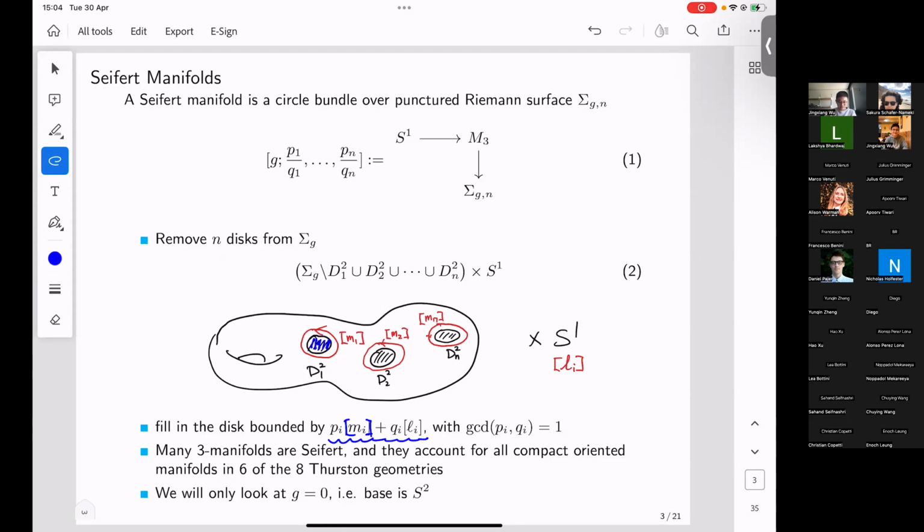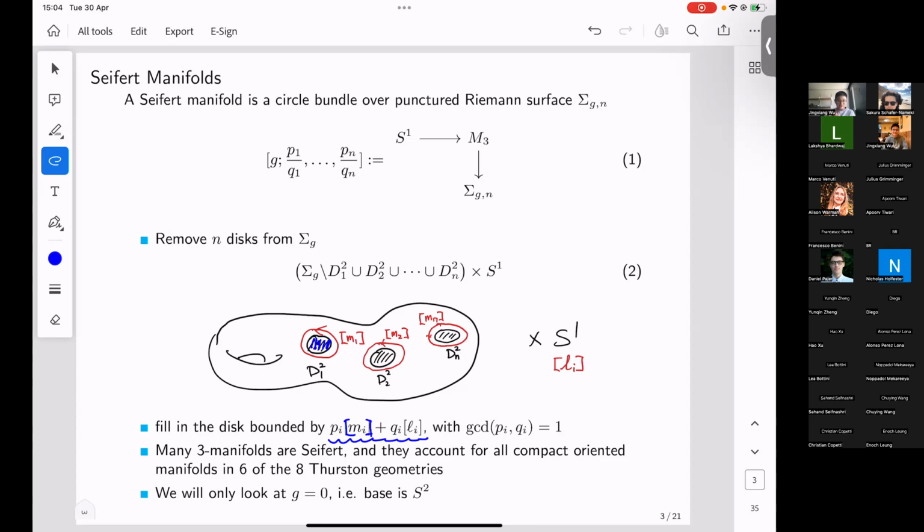Another way to say this is you start from a trivial fibration, take out some solid torus, and glue it back in with some twist. So this is quite a simple-minded construction of three-manifolds, but it turns out it's quite powerful.